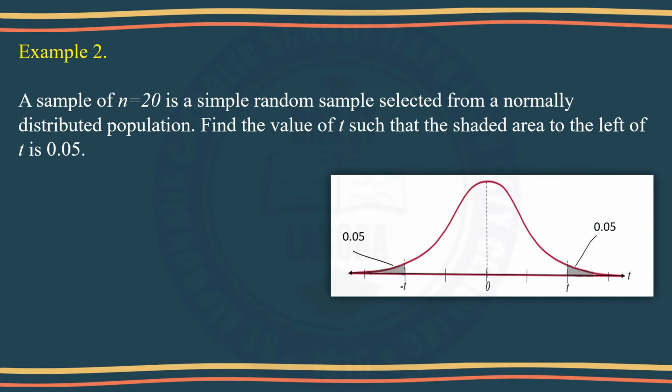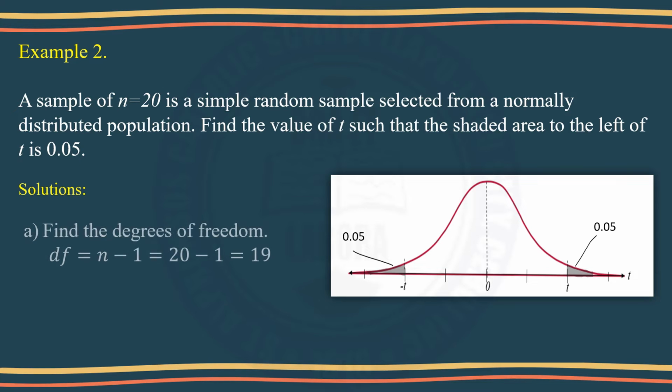So, this is the illustration of the t distribution based on the given problem. So, here are the solutions. First is to find the degrees of freedom. So we have this formula, df is equal to n minus 1, and substitute n with 20, then minus 1, and it is equal to 19.